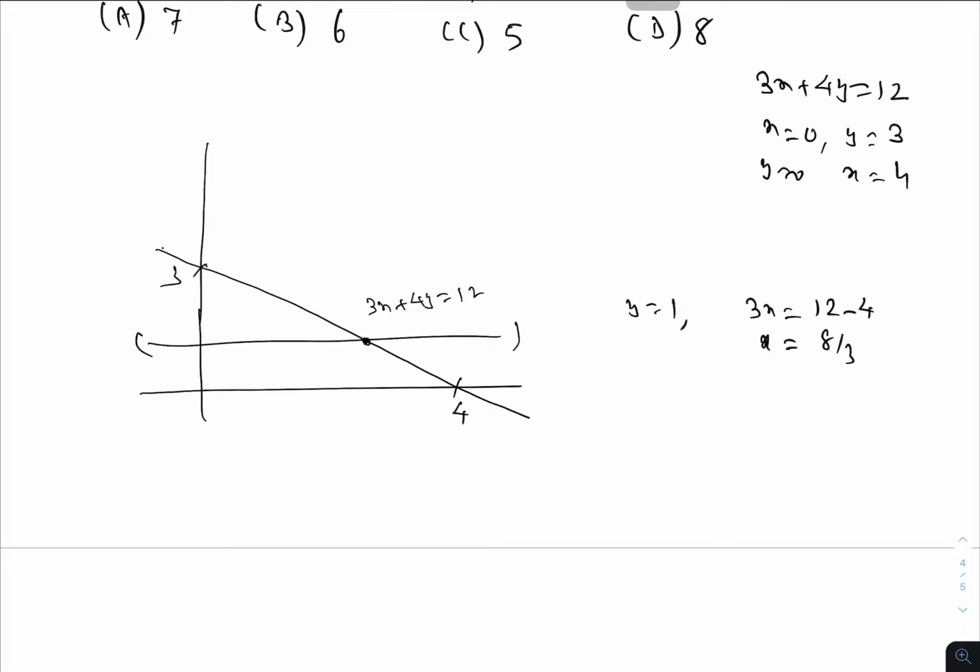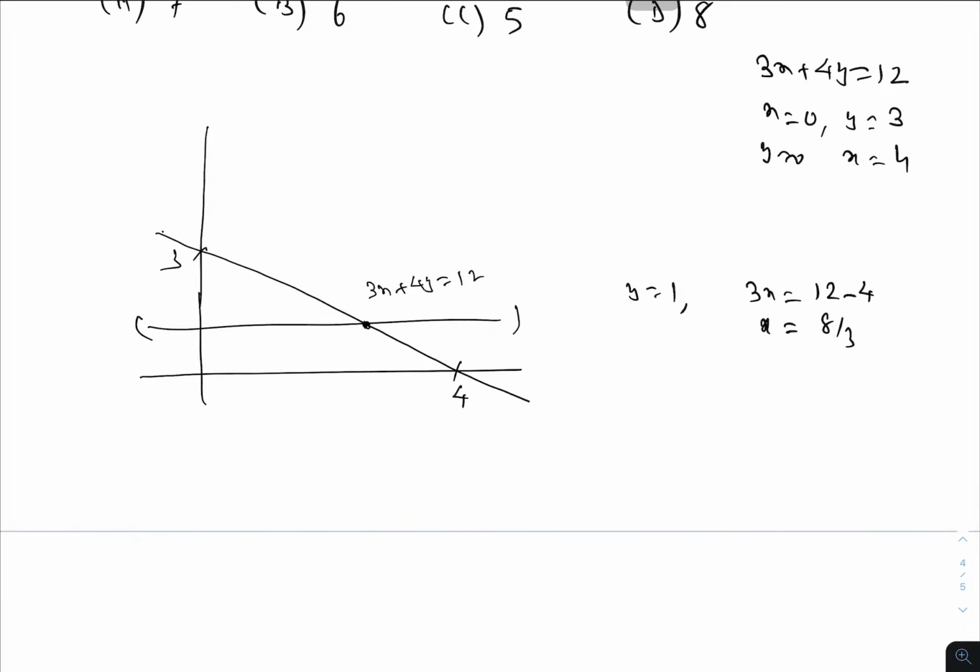Okay, so x is equal to 8 by 3, not completely 3, means less than 3. So somewhere 3 is somewhere here. Okay, so that we need to take care. So here it is say 0, 1, say 2, like this. Otherwise there will be a mistake.